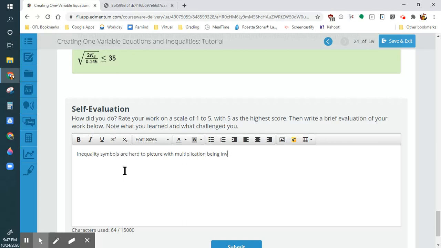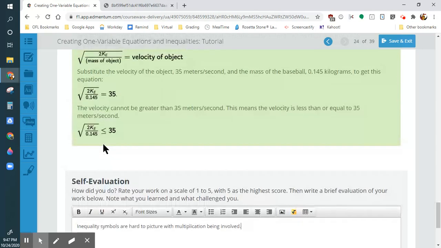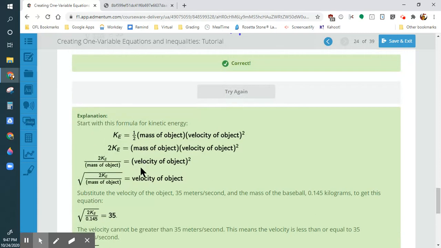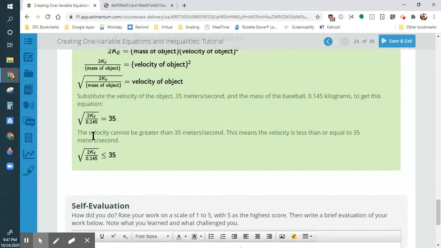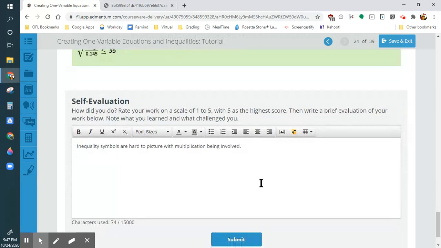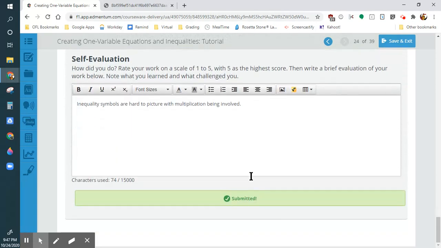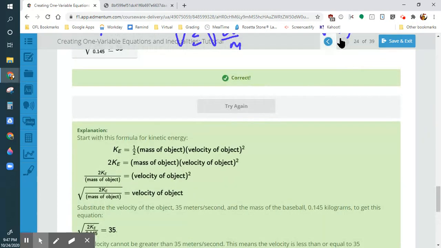So I'm just saying that when we have multiplication involved, it's a little harder to picture how we want to do this. The way we set this up is the velocity cannot be greater than that. So this is the most it could be. This is the very most. Anything else here is going to be less because this is the tip top most they can get. And they explain it right here.